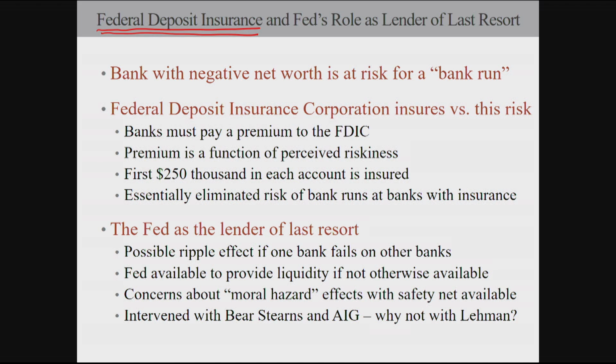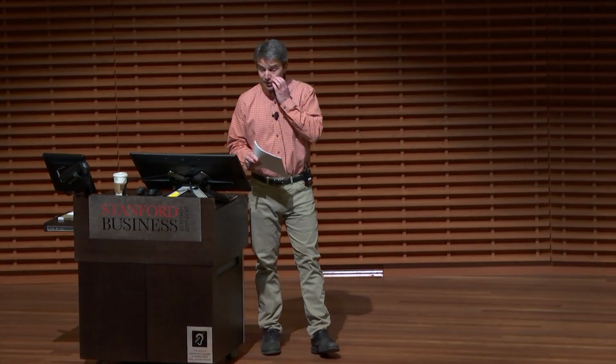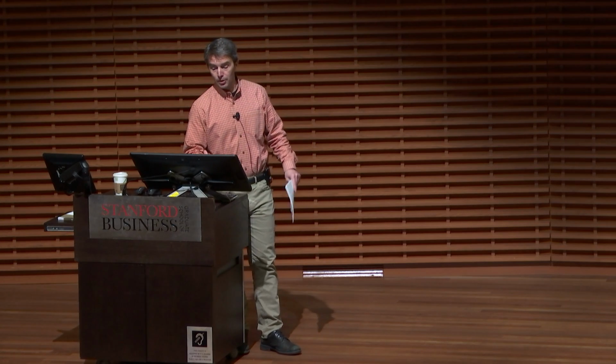So there's something called the Federal Deposit Insurance Corporation that insures depositors against the risk that their bank will go bankrupt. So if word were to get out that a bank's loans were not being repaid, then depositors may get anxious and want to go and withdraw all of their money.